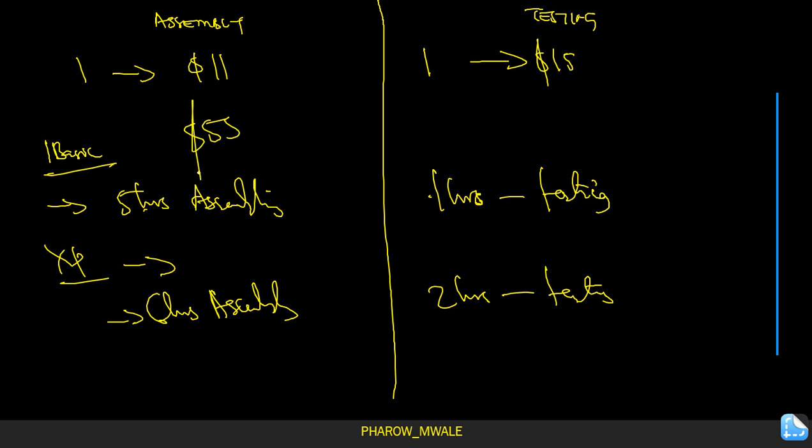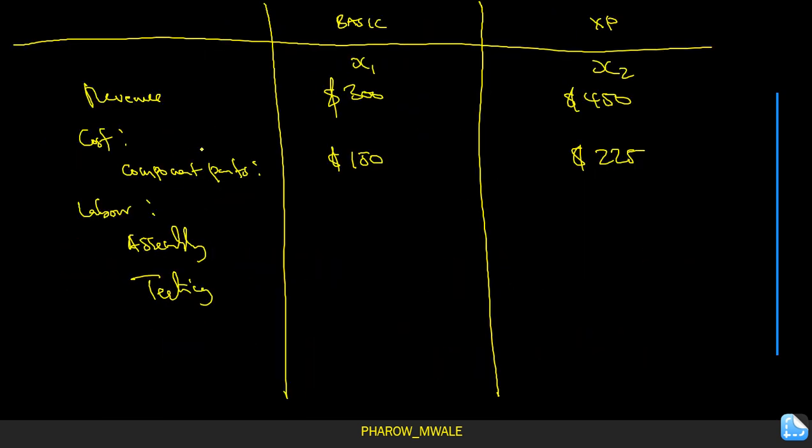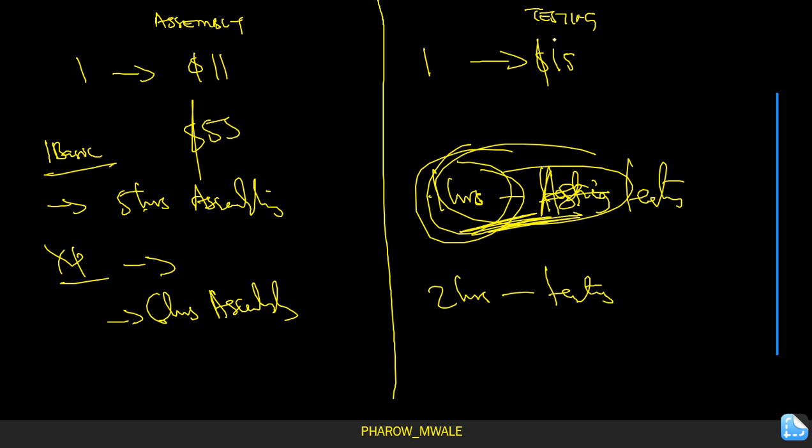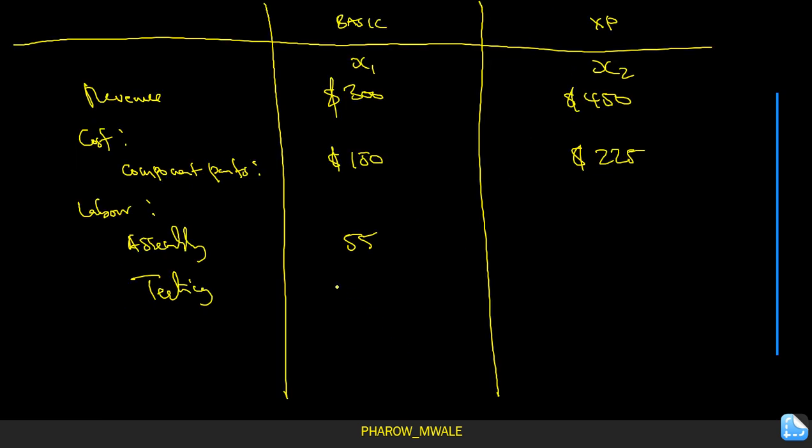This is the cost of assembly for 1 basic computer, so we say 55 US dollars here. Then for testing, for 1 basic computer we only need 1 hour, so it will be 1 hour multiplied by $15, which is 15 US dollars.